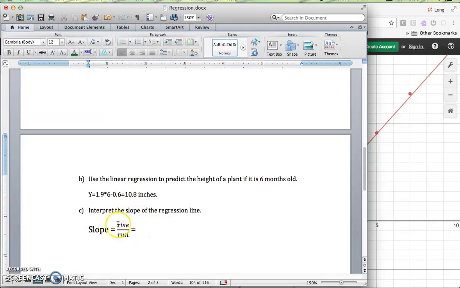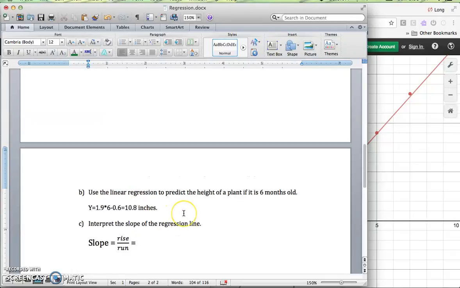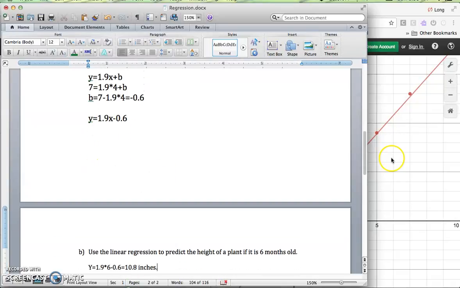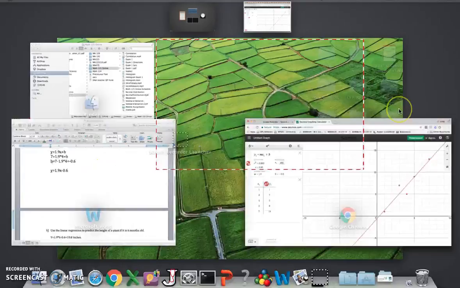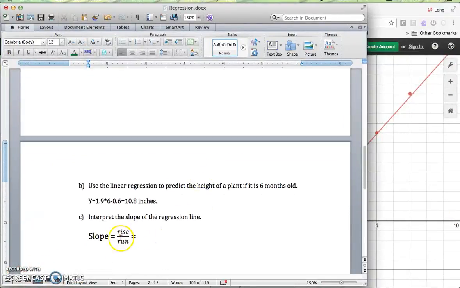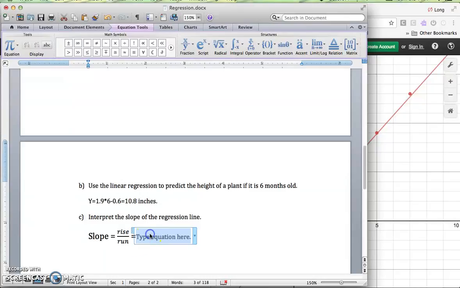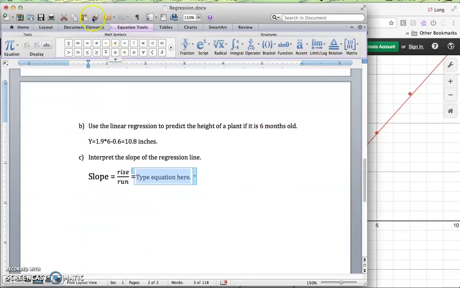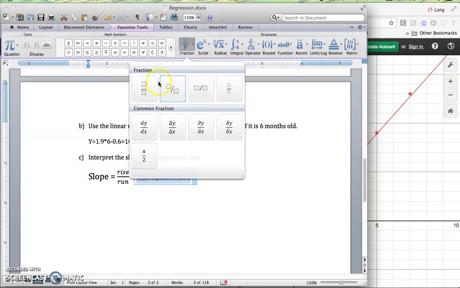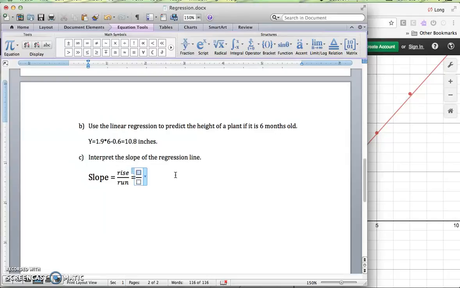And then lastly, we want to talk about how to interpret the slope of this regression line. 1.9 is the slope of this regression line. How do I interpret that? Well, here's a quick example. Slope is rise over run. So rise is 1.9 and run we can make 1. The slope is 1.9, which is the same thing as 1.9 over 1.